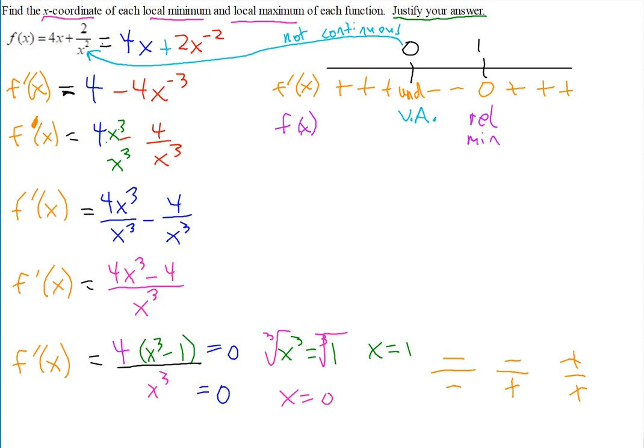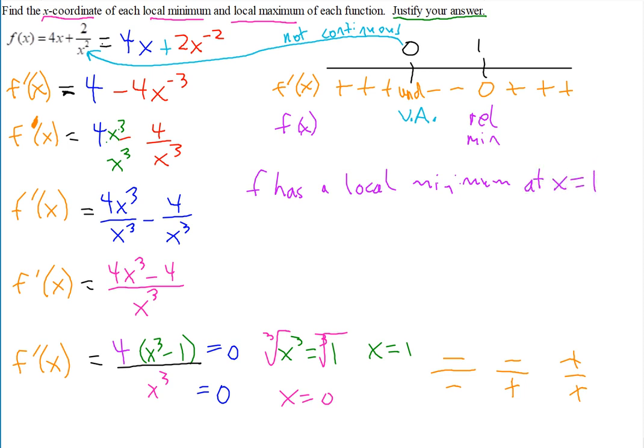So then we just have to state the relative minimum, which is the same as a local minimum. The way we can state it and justify it, we can say f has a local minimum at x equals 1.